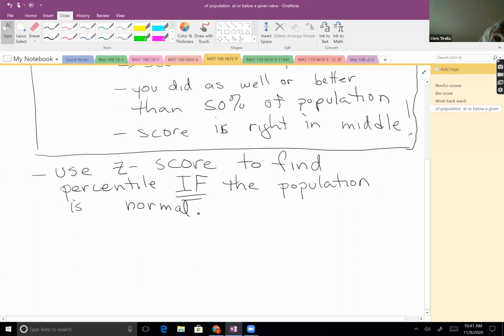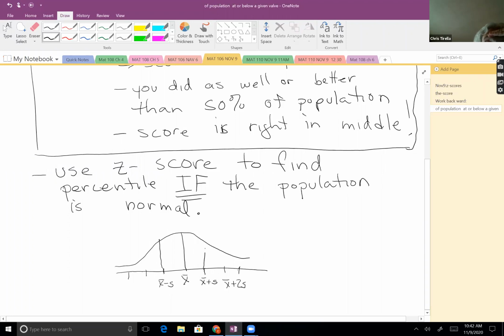And it's close to that idea of the 68, 95, 99.7 rule, because if I look at the 68, 95, 99.7 rule, when I go up each standard deviation, it's like a z-score of 1, a z-score of 2, and so on. And the other way, it would be like having a z-score of -1.